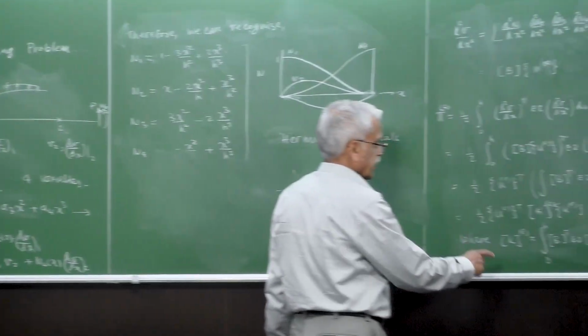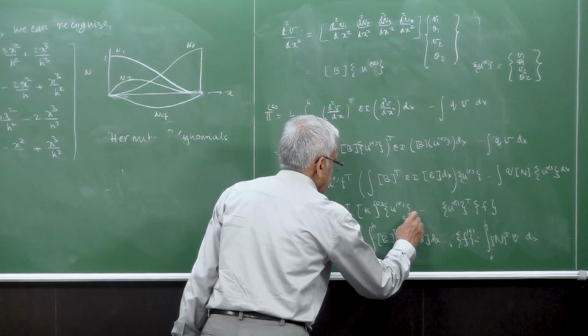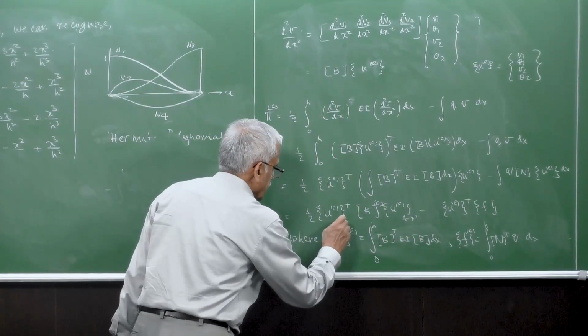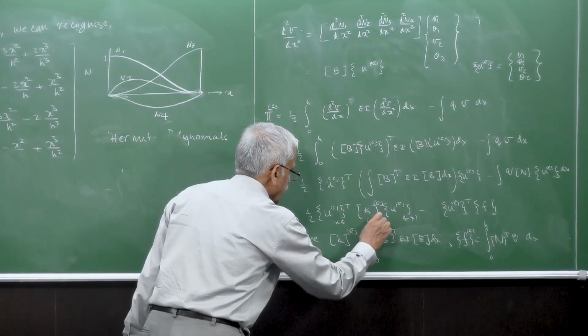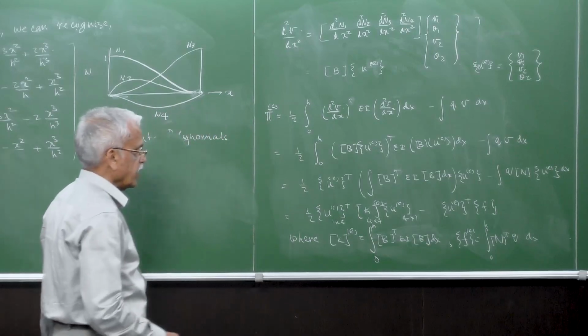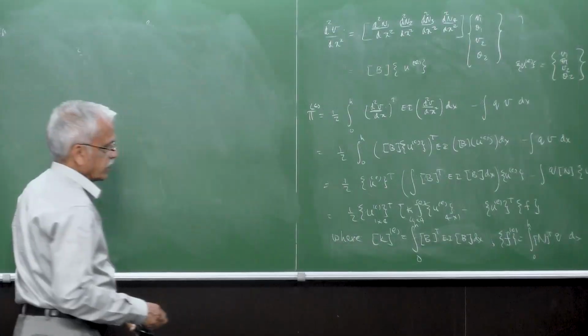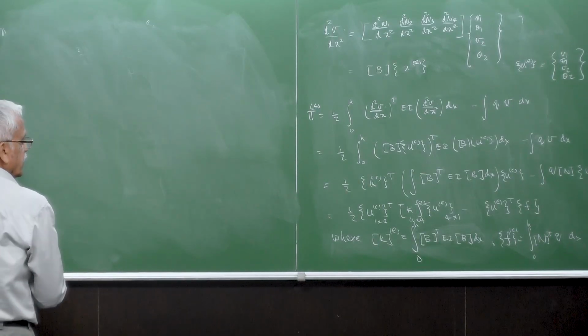Of course you can recognize that UE is a column of 4, this is 1 by 4, and this is 4 by 4. The K of the element is a 4 by 4 matrix. What is K? K is nothing but B transpose EI B.